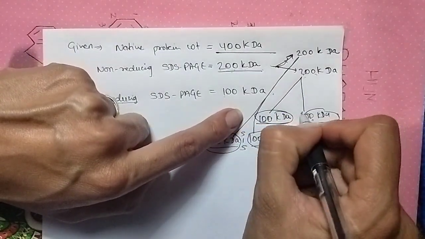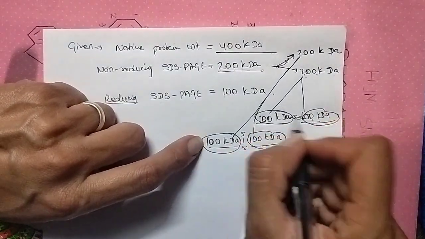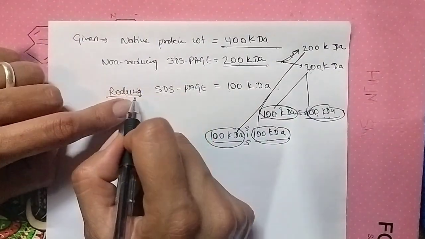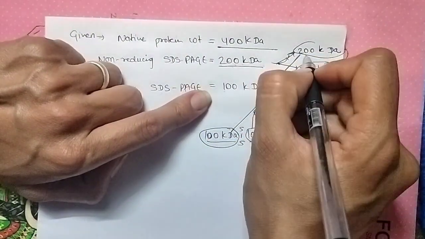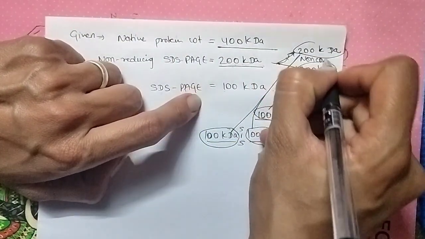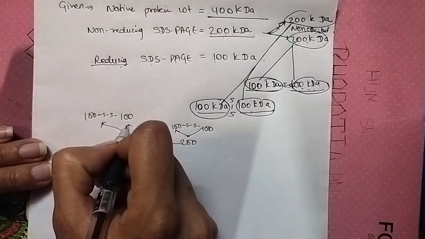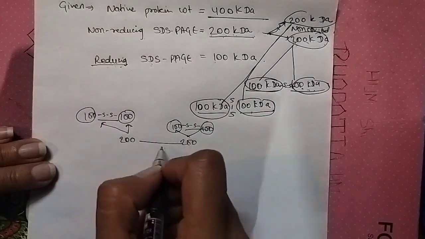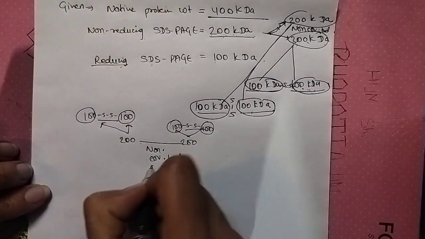This one and this one are linked with disulfide bond. So this bond also breaks during reducing SDS-PAGE. And these are linked with non-covalent bond. So here I have tried to show 100 with disulfide bond, and this one with non-covalent bond.